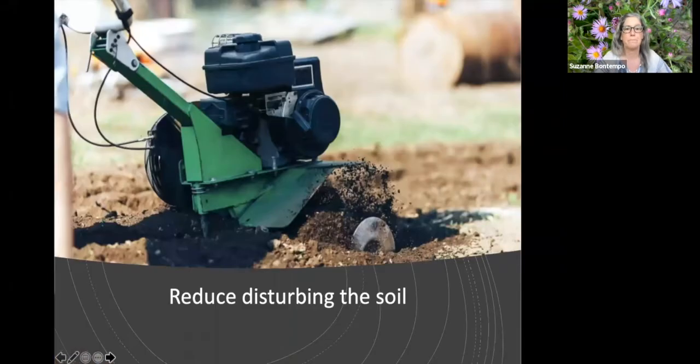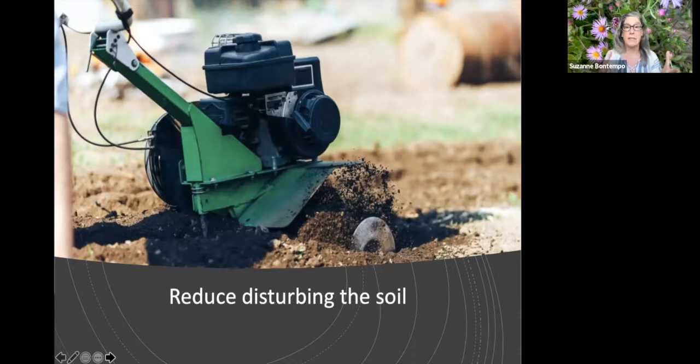We want to reduce disturbing the soil, reduce the tilling and constant turning over. The reason why is because some weeds, such as purslane, for instance, which grows a beautiful mat, but when it goes to flower, and if it's able to go to seed at that point, it can explode, leaving hundreds of seeds in the area. Now, not all those seeds are going to germinate and grow within that year.